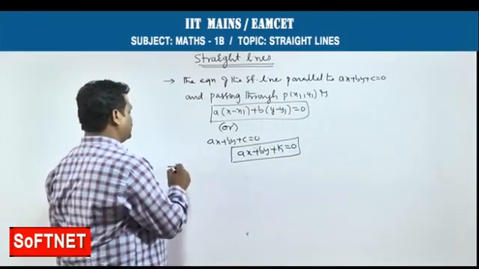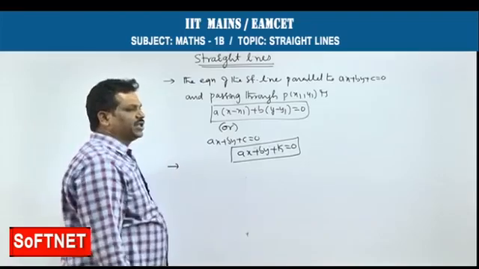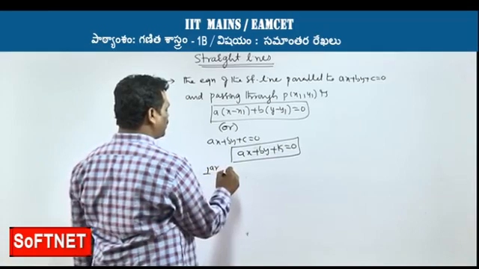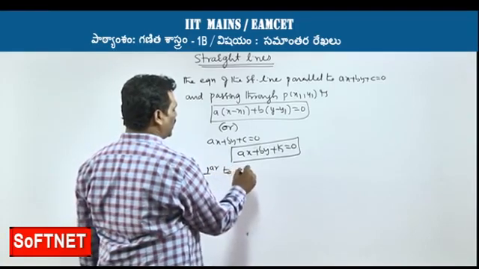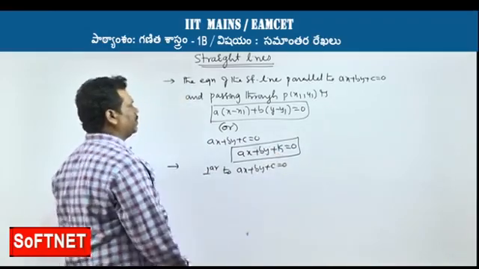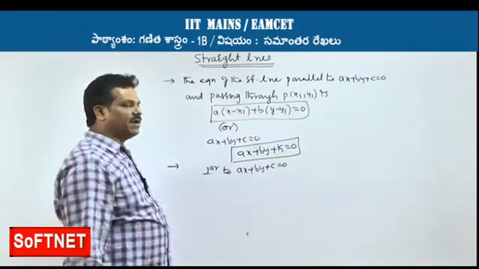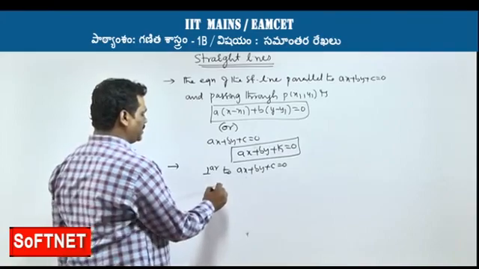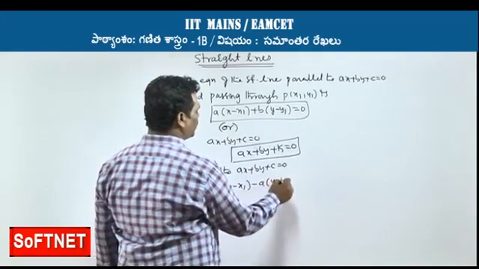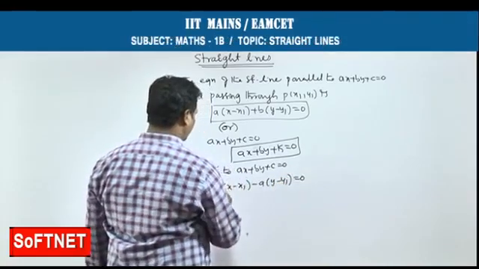And the second one is the equation of the straight line perpendicular to ax plus by plus c equal to 0 and passing through the point P of x1 comma y1, which is of the form b into x minus x1 minus a into y minus y1 equal to 0.